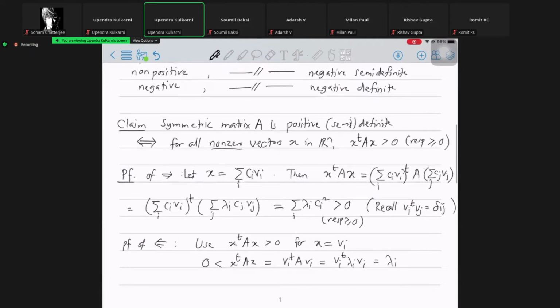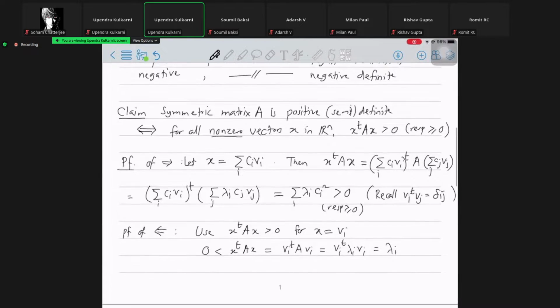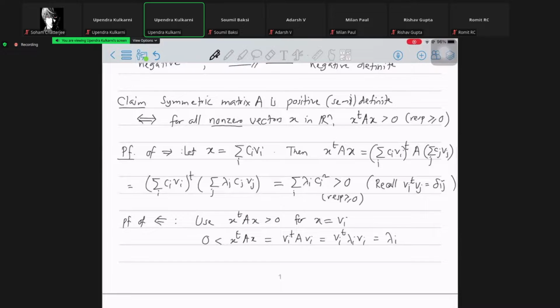All right. And for negative definiteness, negative semi-definiteness, it's all exactly the same. All right. So let's also remark something here. There is a connection between positive definiteness and the determinant of a matrix, simply because the determinant is the product of eigenvalues.